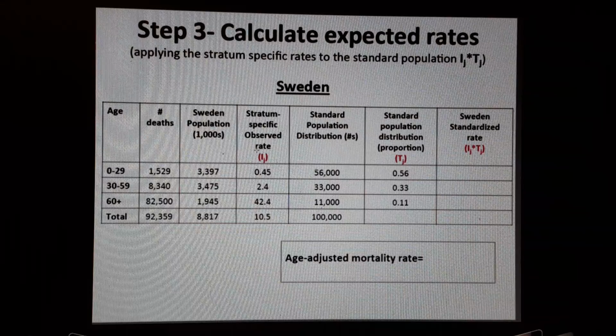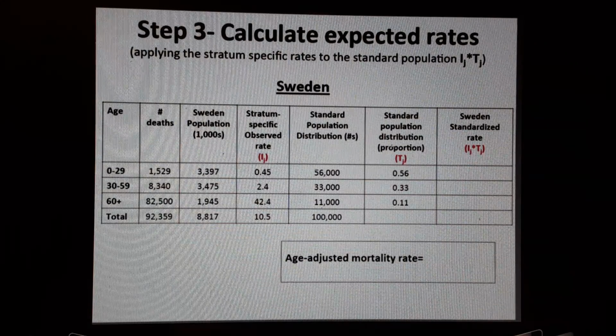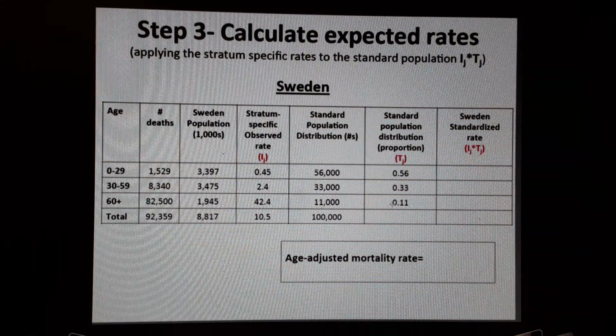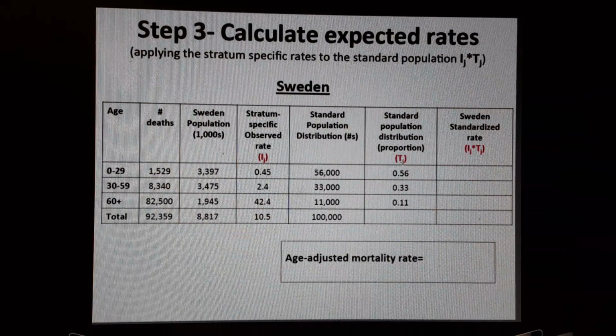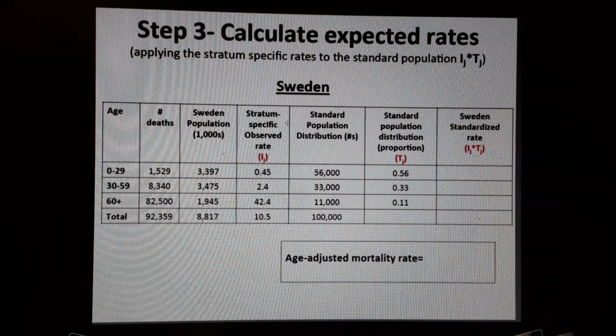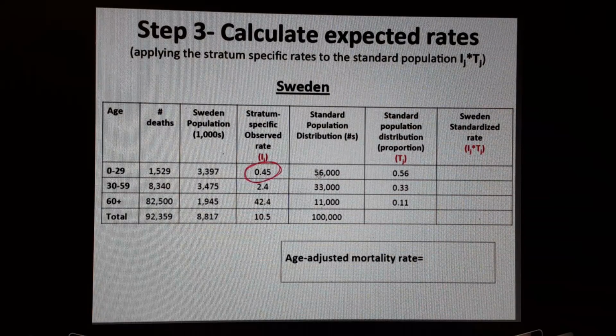So we have our stratum-specific observed rate from our population, and we have our standard population distribution from our standard. Okay, we're using the same standard to weight the Sweden population as we did the Ecuadorian one, and that's why they're now comparable.